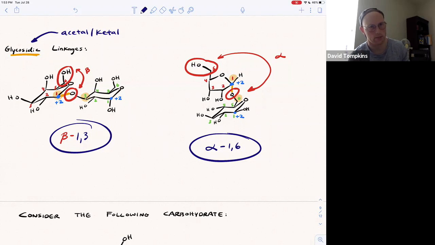So disaccharides and polysaccharides are connected through a series of glycosidic linkages or acetal type functionalities, and understanding whether they're alpha, beta, or 1,3, 1,4, 1,6, where 1,4 and 1,6 are the most common biologically, that's an important aspect for biochemistry, especially in glycogen synthesis and degradation.